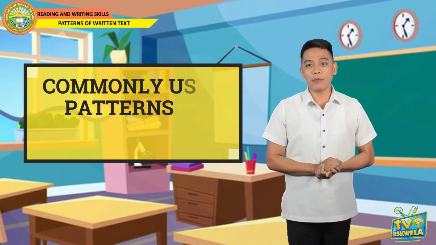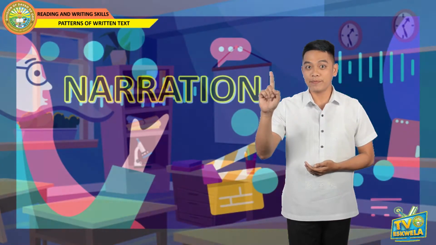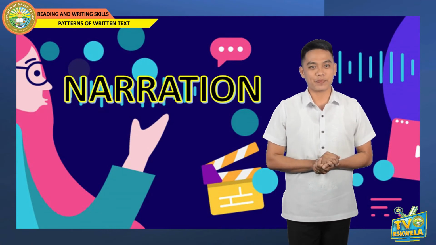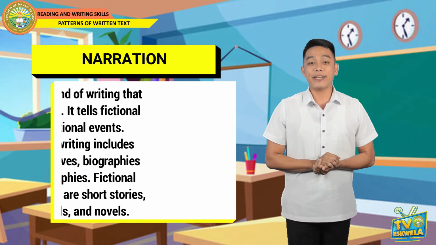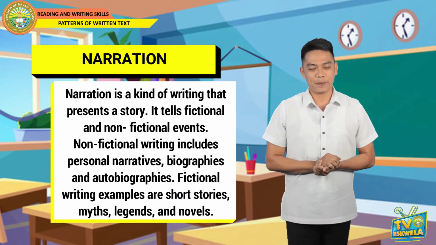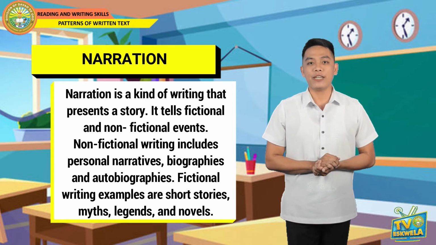Here are the commonly used patterns of written text. Number 1. Narration. Narration is a kind of writing that presents a story. It tells fictional and non-fictional events.